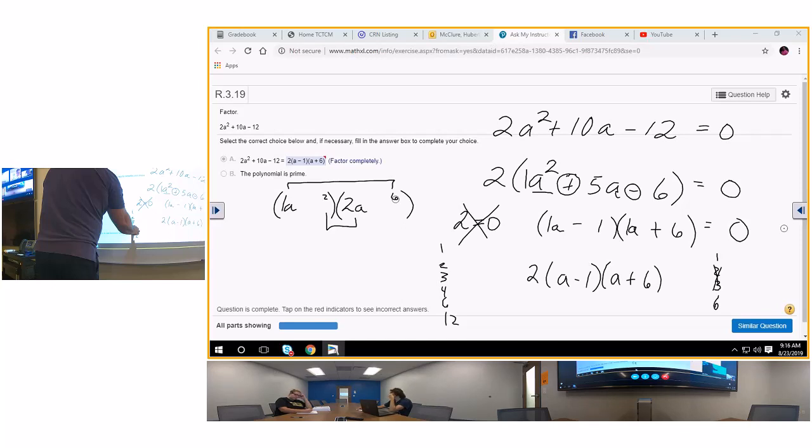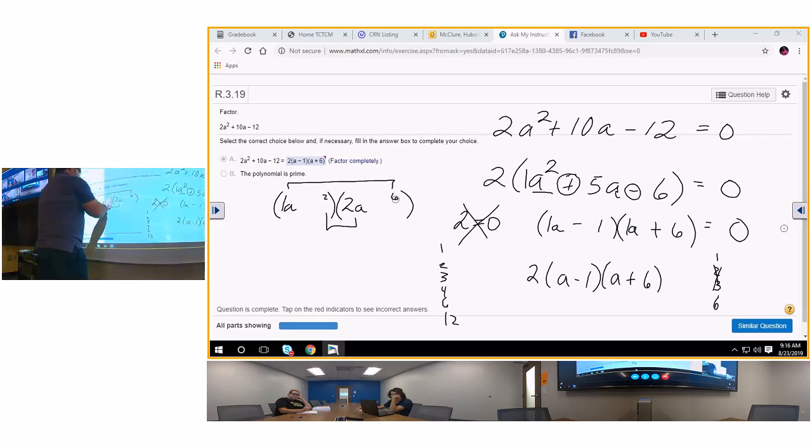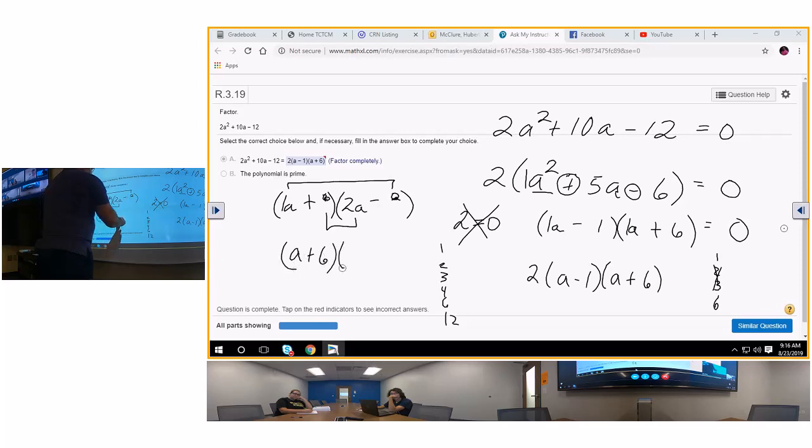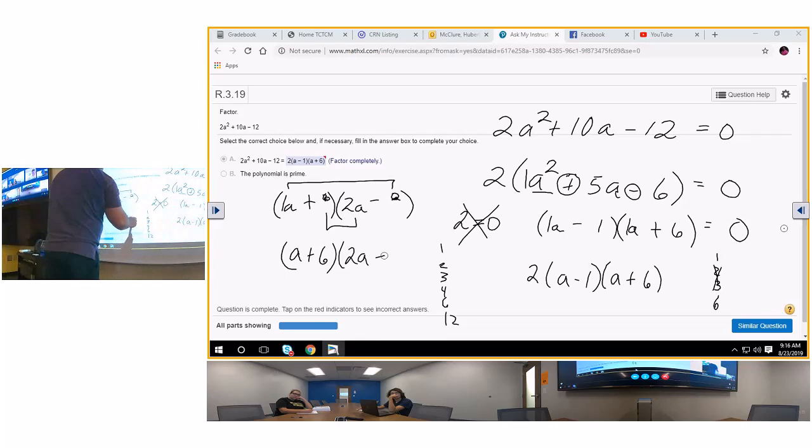It'll give you a 10, but you're going to have what? A plus here, and that's not going to work. So 2 and 6 don't work, so I'm going to flip it, and I'm going to put a 6 here and a 2 here. That'll give you 12 and what? 2, which will give you a 14 or a 10. So I'm going to put a plus here and a minus here, and that's going to give you a plus 6 times 2a minus 2.